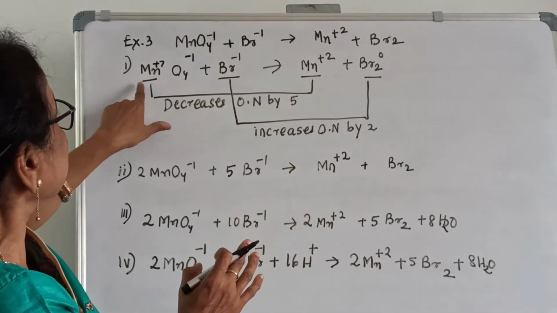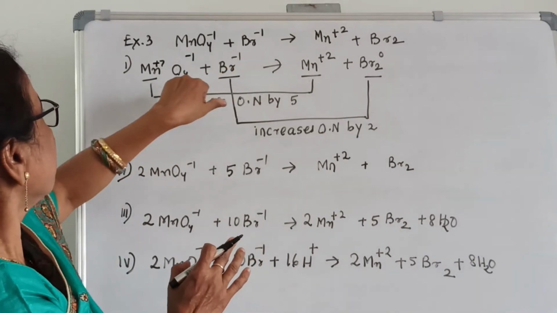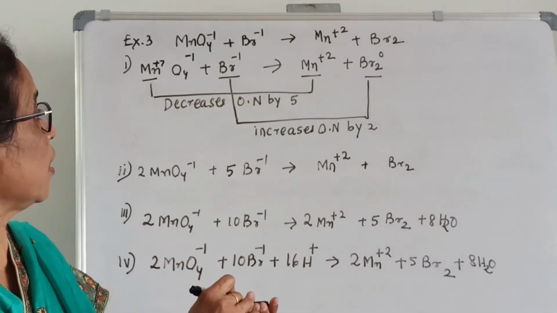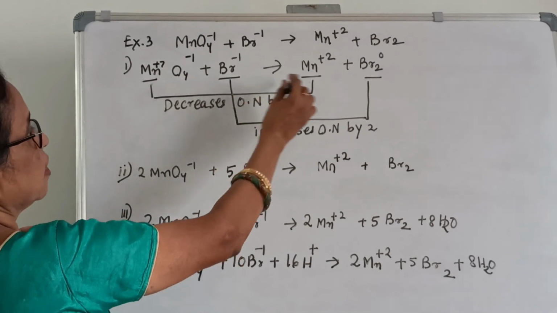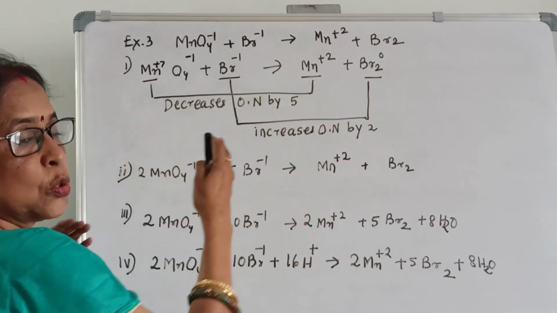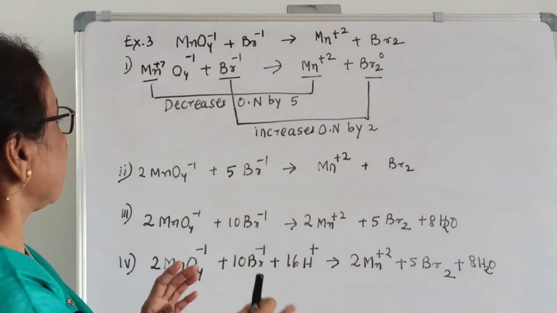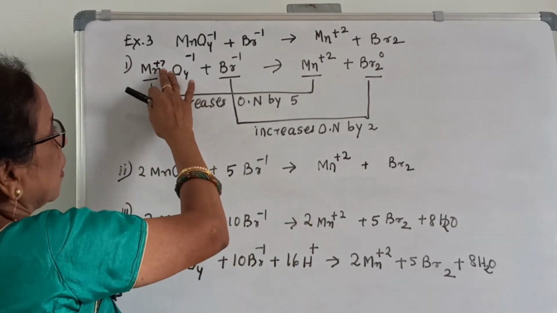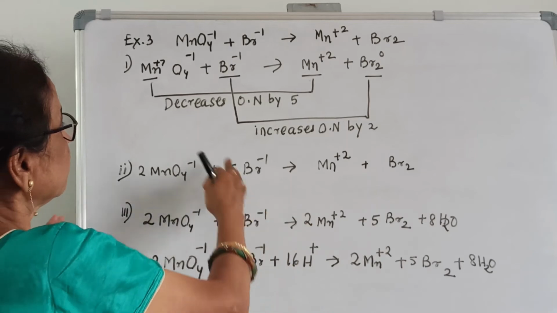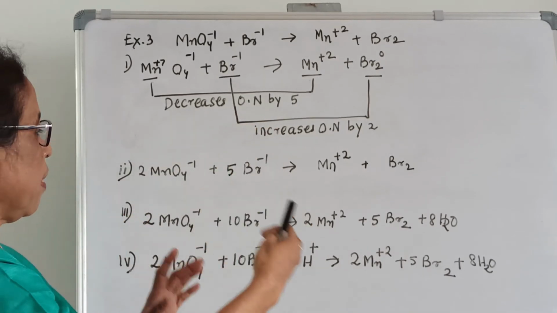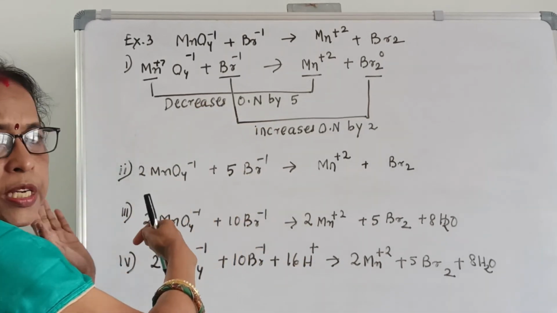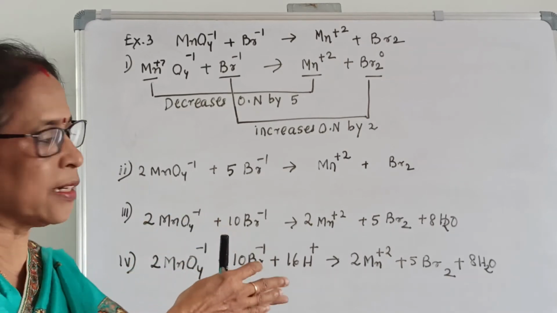Again see this is the question where Mn changes from plus 7 to plus 2, Br minus changes to 0, but there are 2 bromine atoms, that is why the oxidation number increases by 2, and here plus 7 to plus 2, that is why the oxidation number decreases by 5. And how to equate that oxidation number on the reactant side?